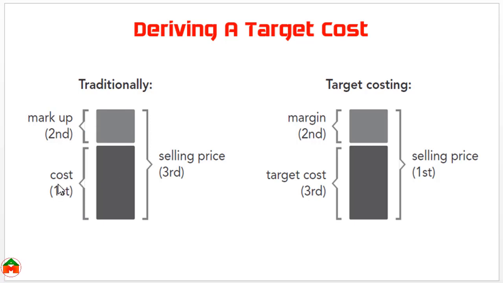Because if you don't know what should be the target cost, then you will produce your product on the basis of as usual cost. Then after adding the markup, if you see that the selling price of your product is higher than the available market price, then you will face problems selling the product to the prospective customer.